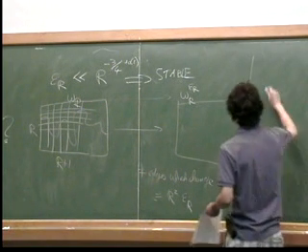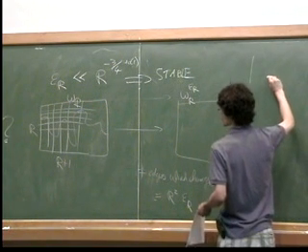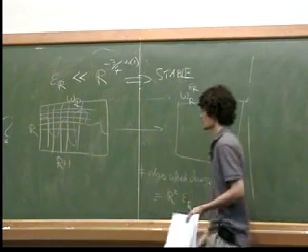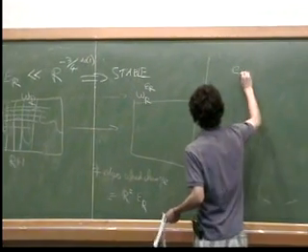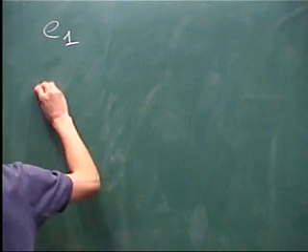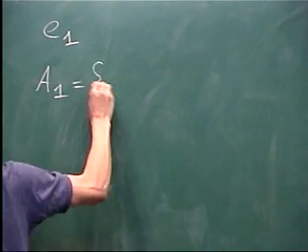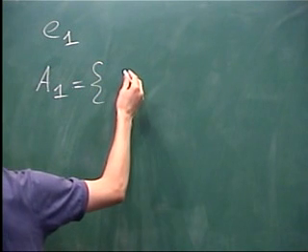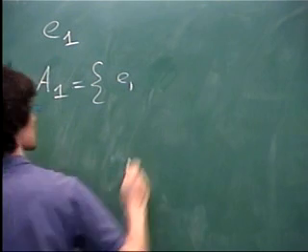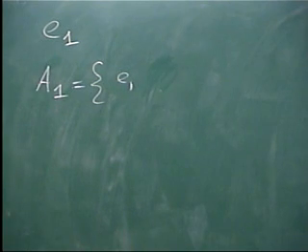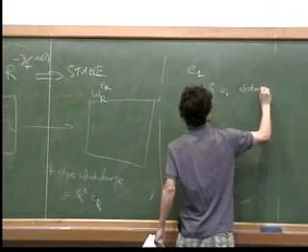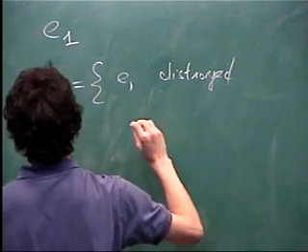So let's change the first edge, E1, and let's look at the event A1 that E1 destroyed the crossing. Well, destroyed is maybe a big word, but changed the crossing.